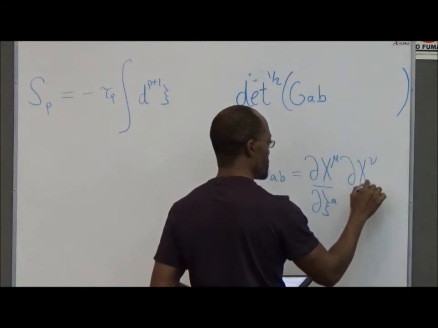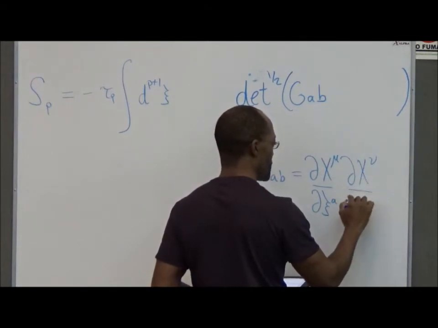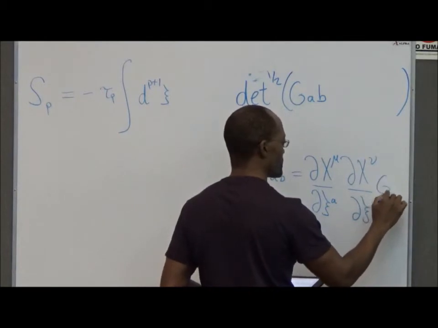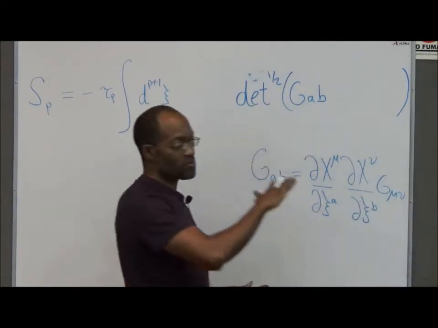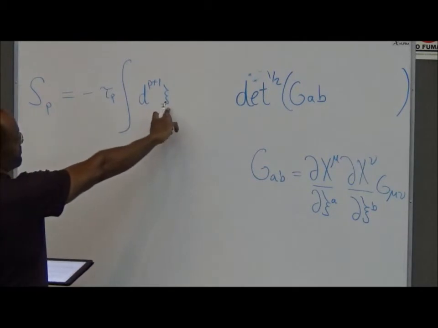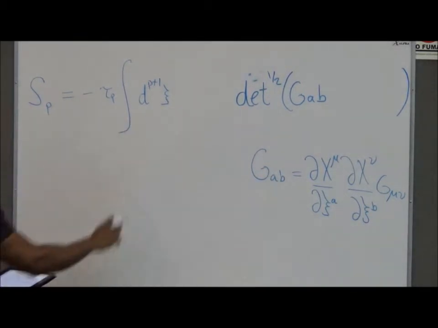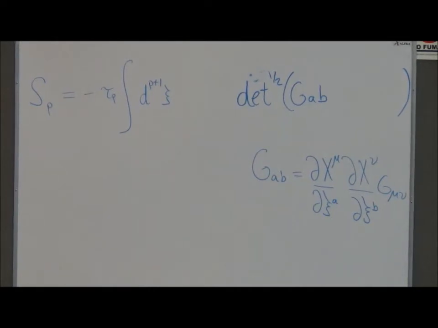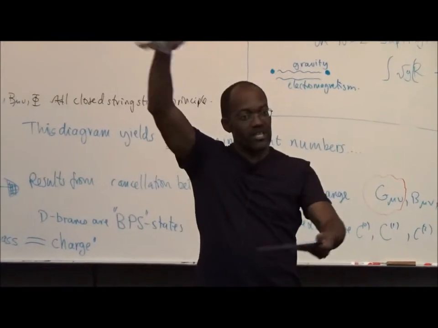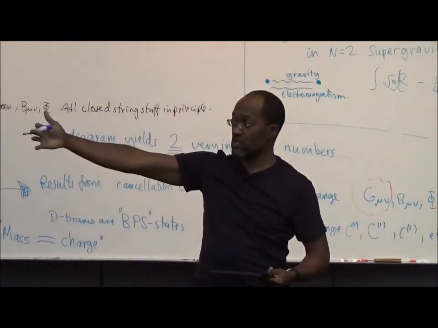The point is that you did this before with Nambu-Goto. I have some space-time metric G. The x's as a function of xi are, if you like, a family of maps telling me how that object is draped in the space-time, how it's embedded in the space-time.